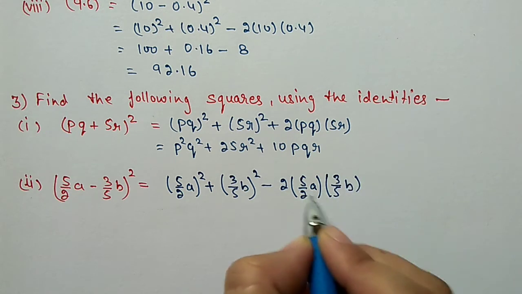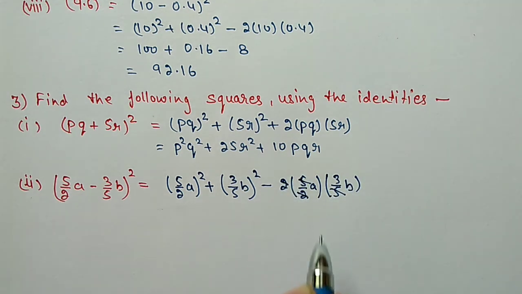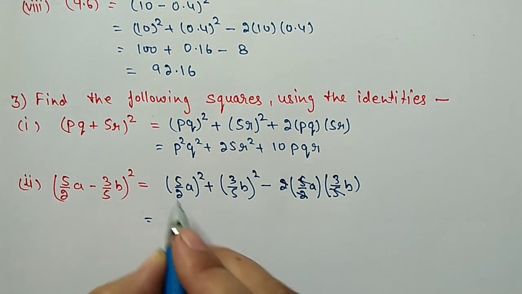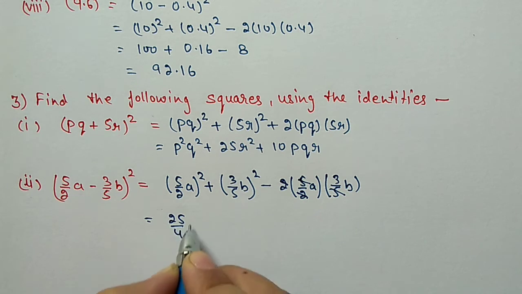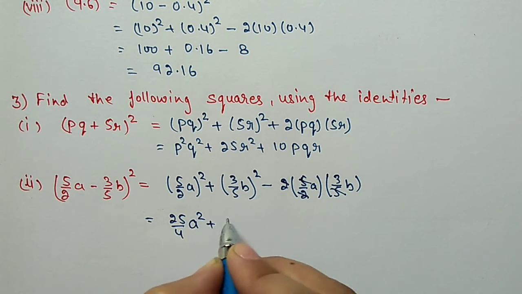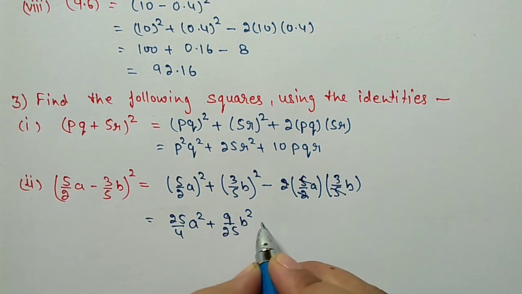So you can see here this 5 and 5 we can cancel out, even this 2 we can cancel out. So we have now (5 by 2a) whole square meaning 25 by 4a square, then 9 by 25b square, and here we will get 3ab.